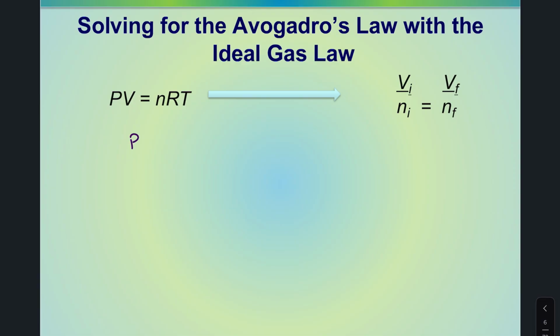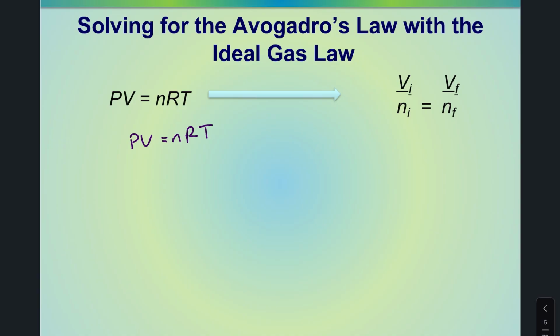So we have PV equals nRT. We will divide V on both sides, and we will get P equals nRT over V. Oh, my mistake. We have PV equals nRT.